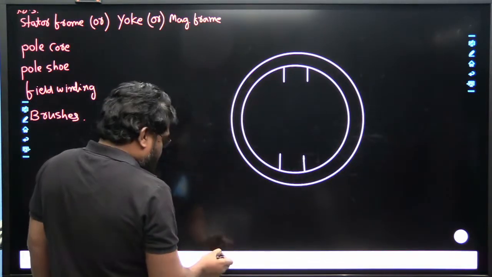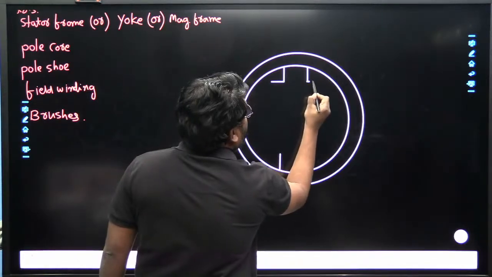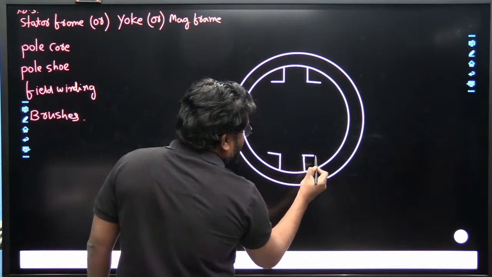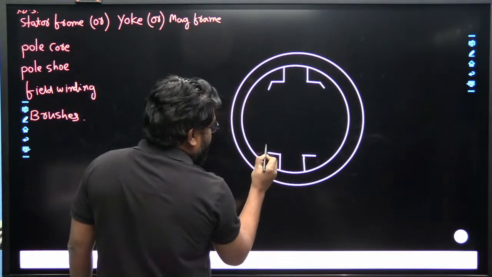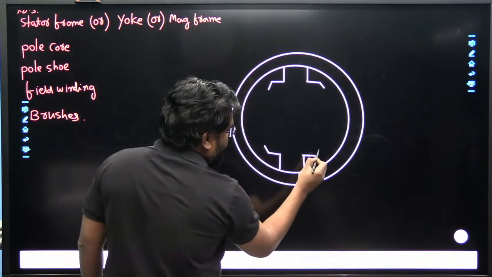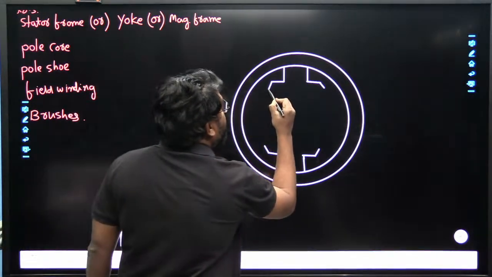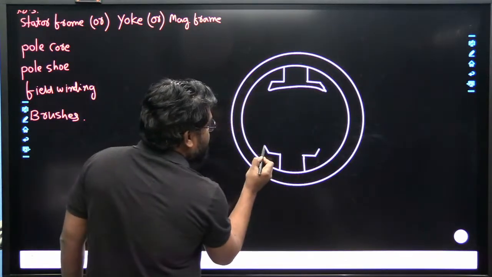Okay, so next one, this pole structure, one pole and other poles. These are chamfered poles, that's why we can draw like this.